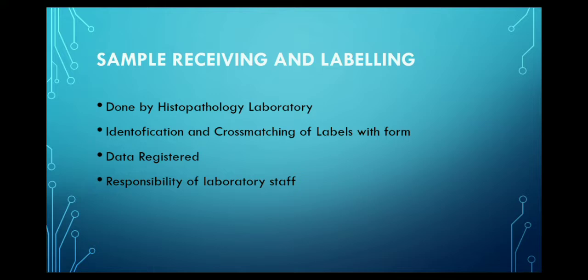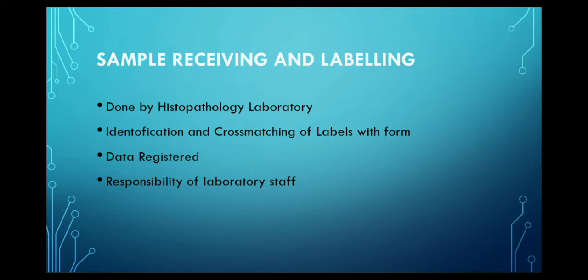Sample receiving and labeling, which is done by the laboratory. This is a very important step performed by the laboratory and should be done very carefully to avoid misidentification errors. The specimen is usually sent in a wide-mouthed bottle which is filled with 10% formalin.